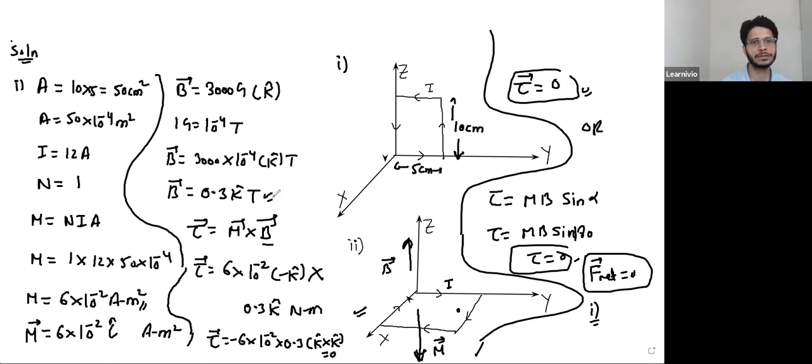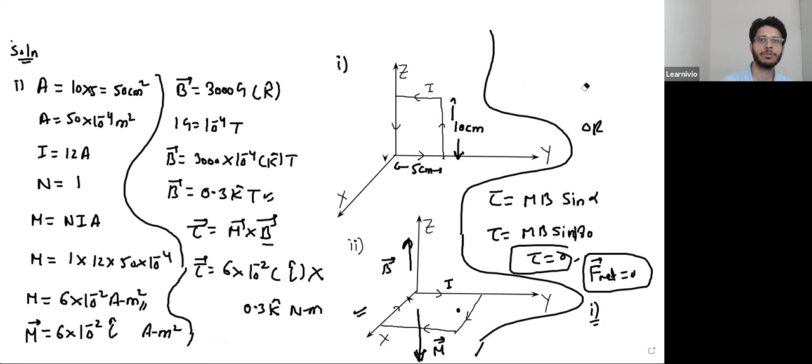The magnetic field is same. If I take M cross B, this will be I cross K. How much is I cross K?